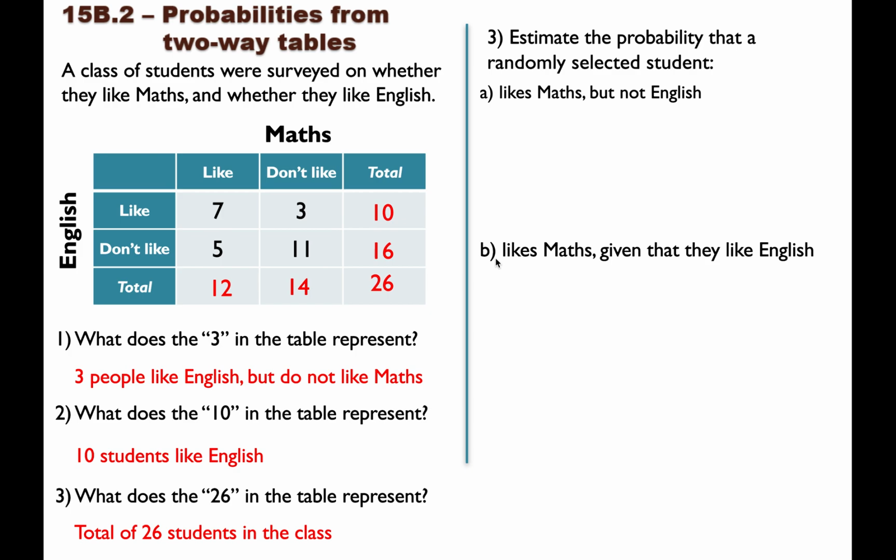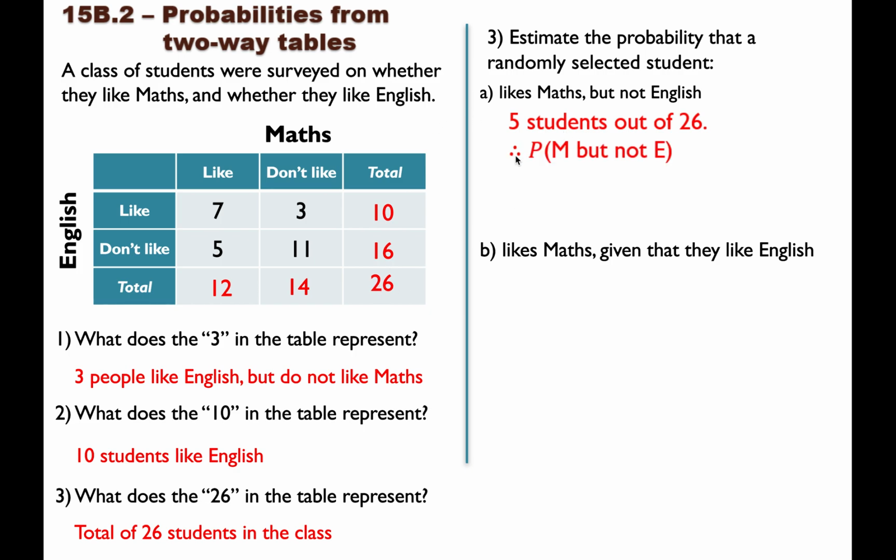Now we can look at probabilities. We can estimate the probability that a randomly selected student likes maths but doesn't like English. How many students like maths but don't like English? They like maths but don't like English. There are 5. So that's 5 students out of 26 in total.